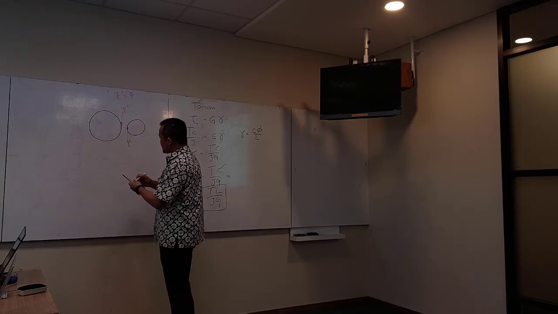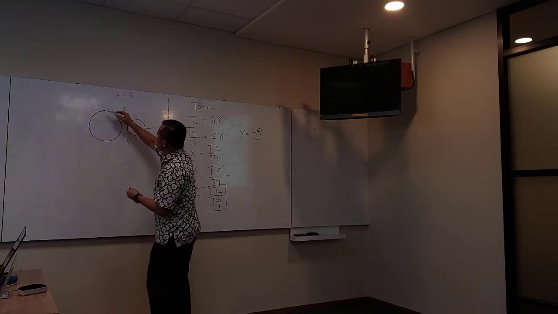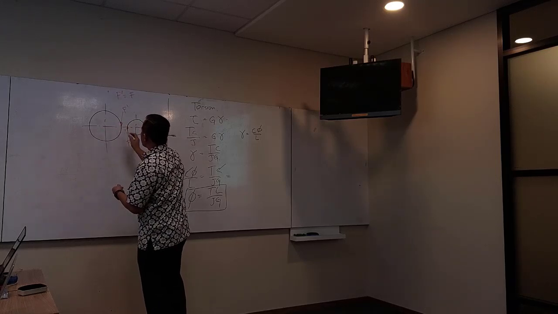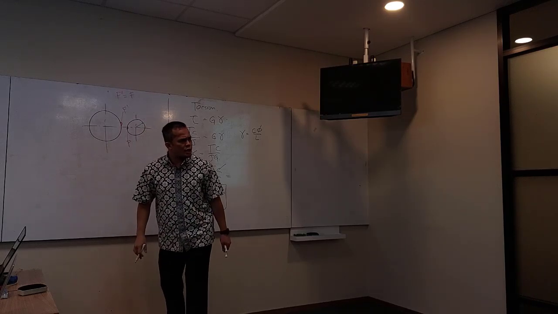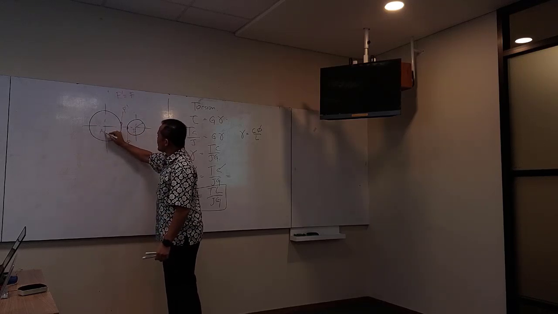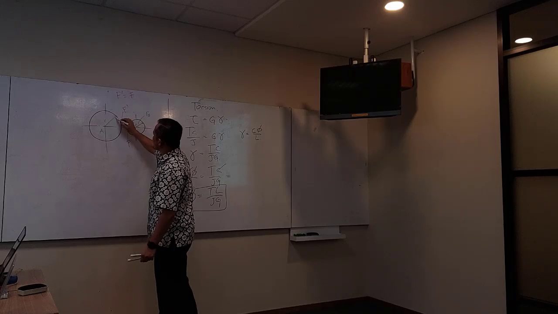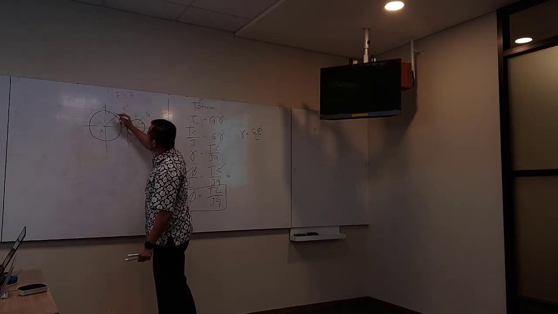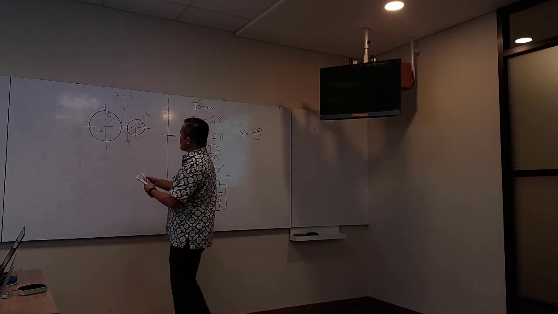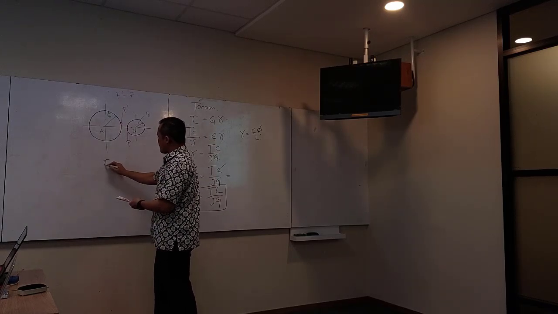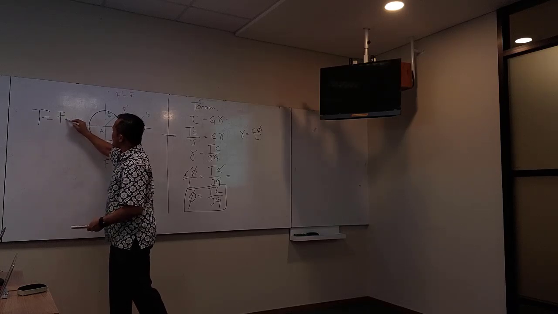Now each of these gears has a radius. Let's call this gear B and this gear A. This is the radius we call RB, and this is the radius of gear A, RA. Because F prime is equal to F, and we know that the torque is equal to F times R. Agree?